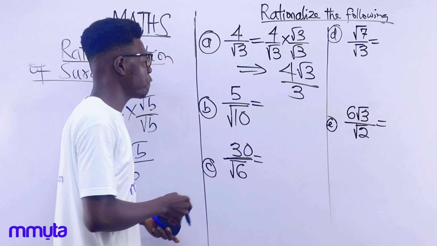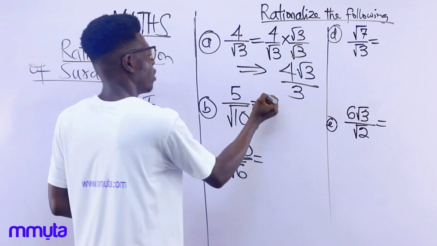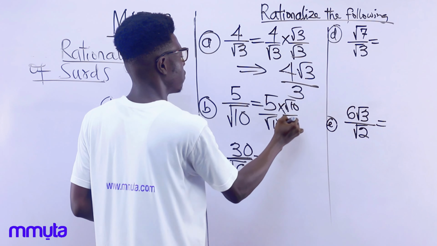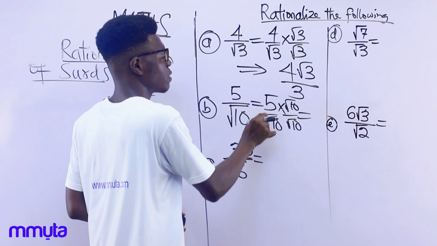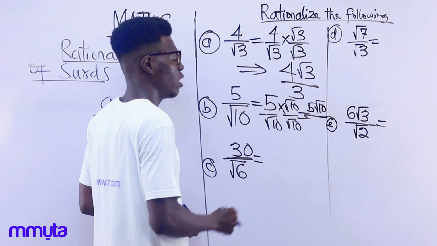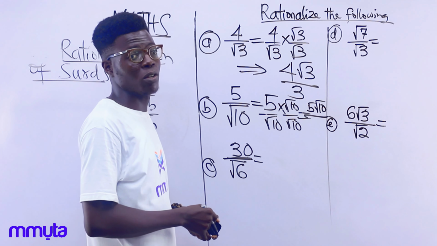In this case, you have 5 over root 10. You repeat the same method: times root 10 over root 10. So this is 5 times root 10, which is 5 root 10, over root 10 times root 10, which is going to give us 10.